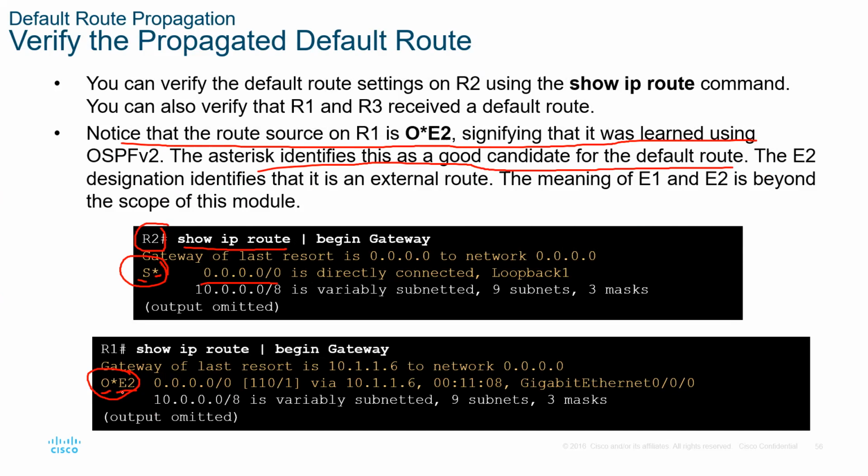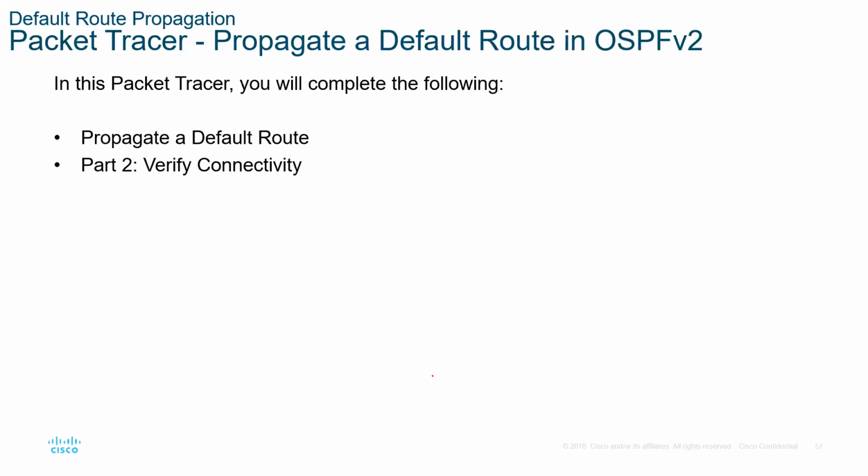The meaning of E1 and E2 is beyond the scope of this module. All right, so let's do that in Packet Tracer and see if we can propagate a default route and then verify its connectivity. So let's do that.